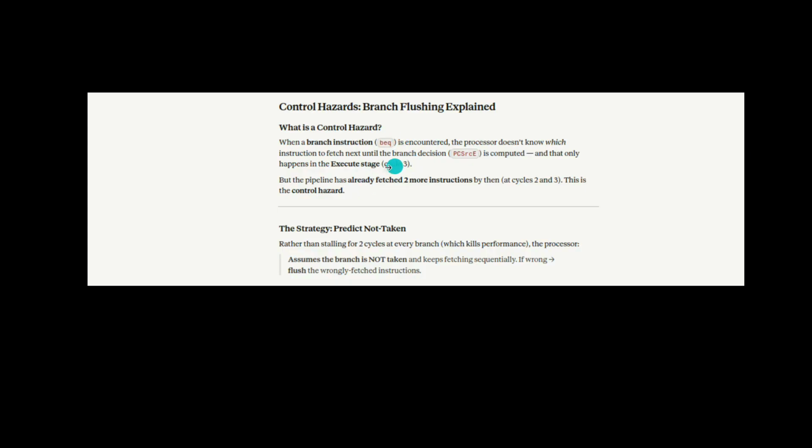Which instruction comes next is decided by PCSrc, but before the branch is decided, 2 other instructions are already coming. This problem is called the control hazard.